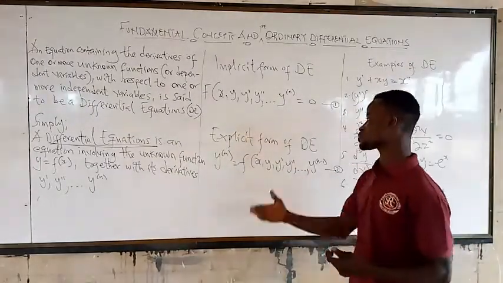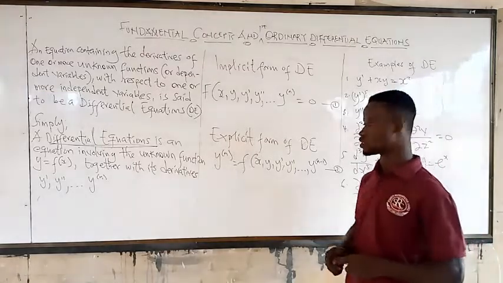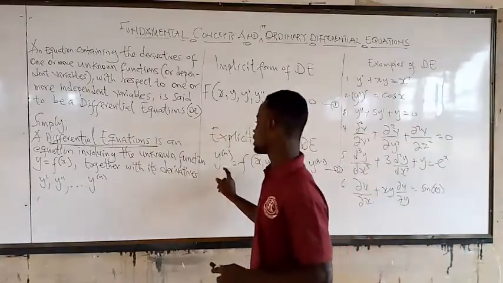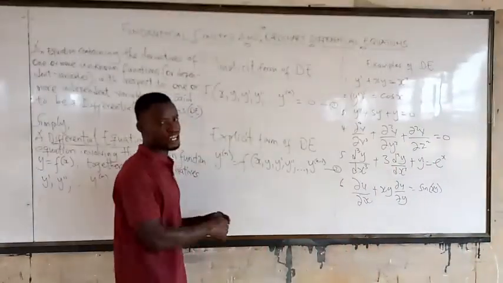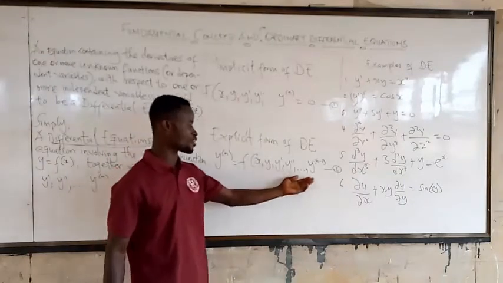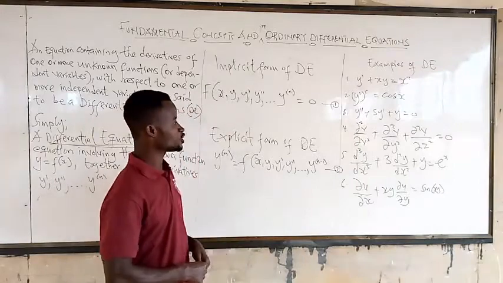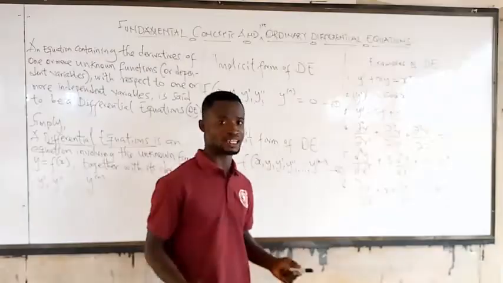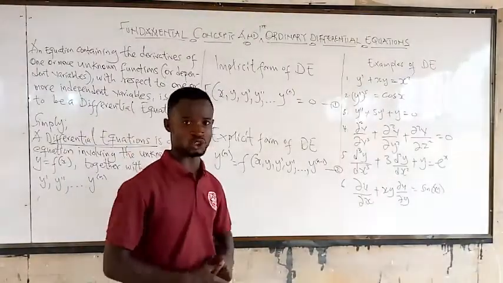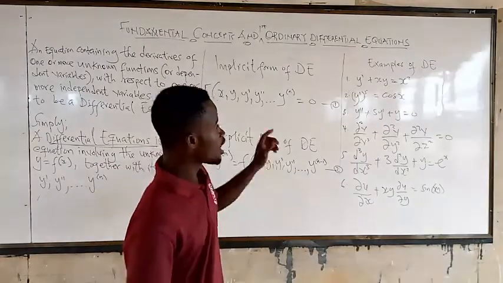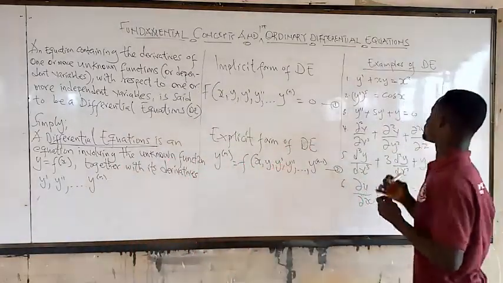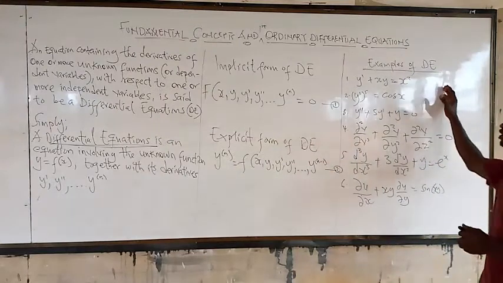We also have the explicit form, which is when we have the dependent variable on one side and the independent variables on the other. Hope you understand the concept I'm giving you. Now, let's look at examples of differential equations.